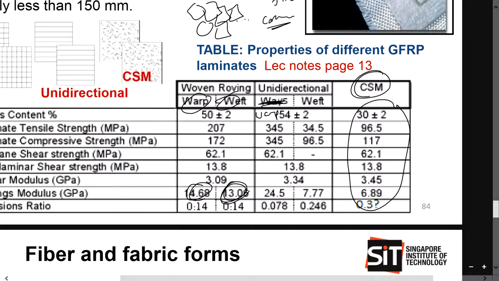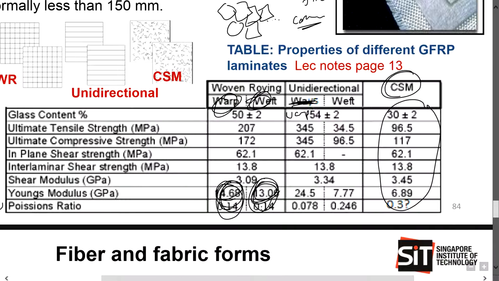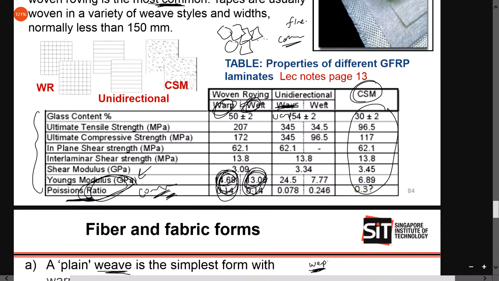As you can see, you can combine different properties of the warp and the weft. So over here, the Young's modulus and the Poisson ratio, you can change. Why Young's modulus and Poisson ratio? Because the Poisson ratio is the measure of compressive and tensile behaviour, so you can change the compressive and the tensile strength all along. Young's modulus is the measure of your stiffness, things like that. You should go and take note of it.